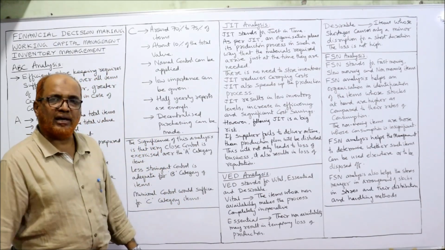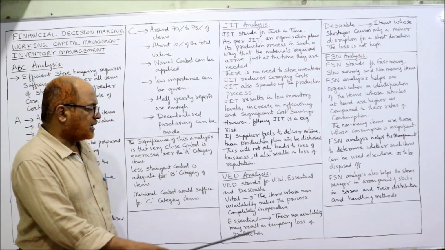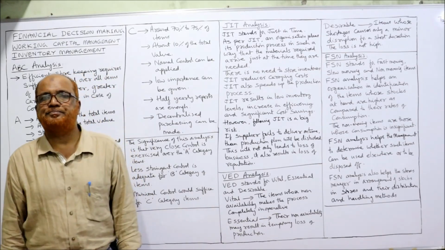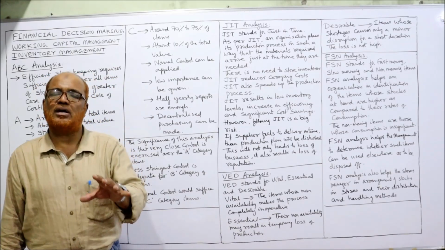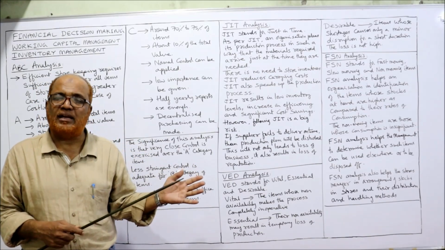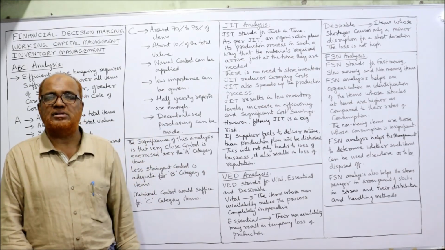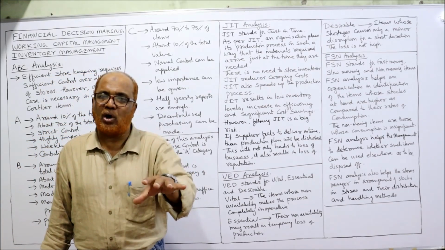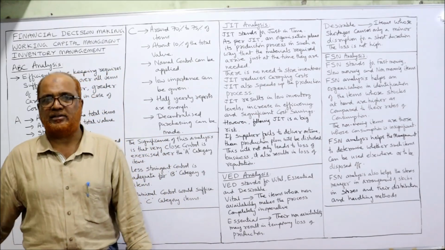Next comes essential items. Essential items, their non-availability may represent a temporary loss in production. So essential items are those items whose importance is not as high as that of vital, but it is of lower importance. That means the business will incur a small loss if there is non-availability of essential items.